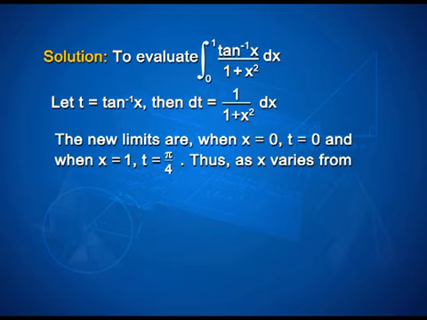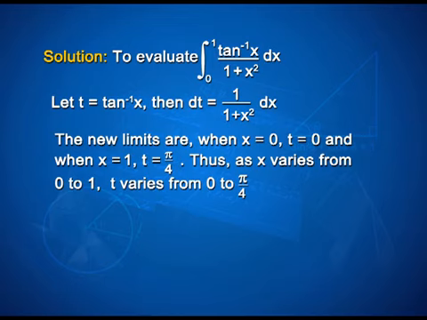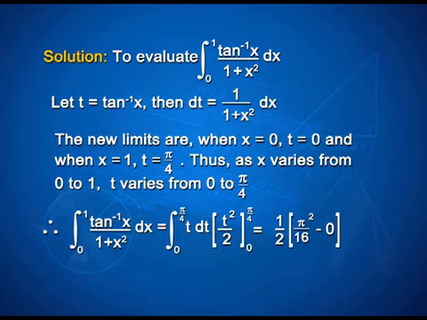Thus, as x varies from 0 to 1, t varies from 0 to pi upon 4. Therefore, the integral is equal to integral 0 to pi upon 4 t dt, that is equal to t square upon 2 within limits 0 to pi by 4, that is equal to half of pi square upon 16 minus 0. On simplification, we get the answer as pi square upon 32.